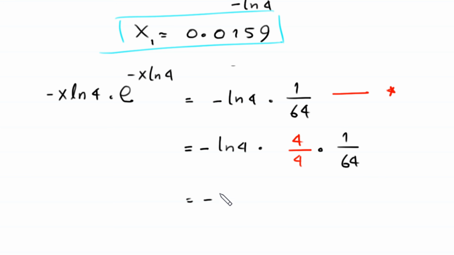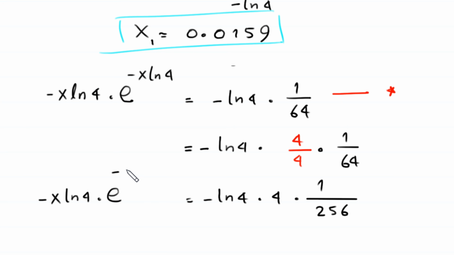Next, negative ln of 4 times 4 times 1 over 64 times 4 will become 256. And at left hand side we have this expression negative x times ln of 4 times e to the power negative x times ln of 4.